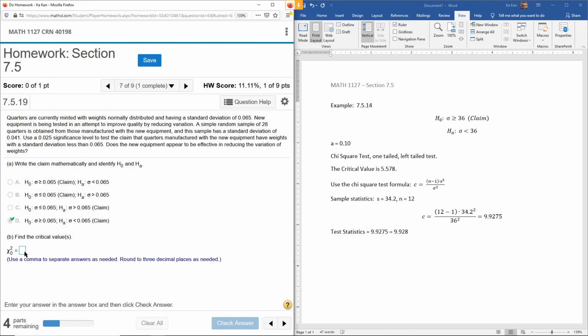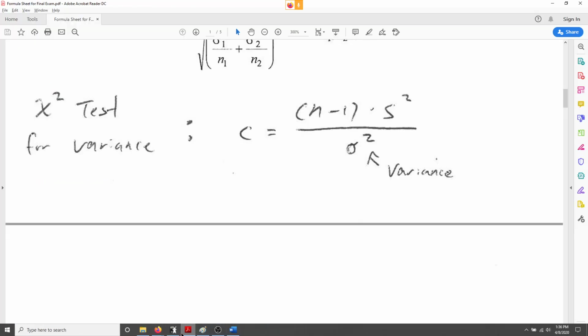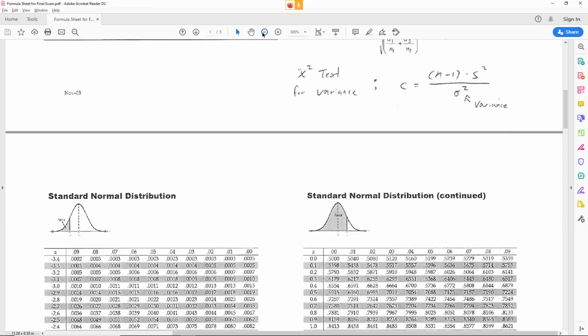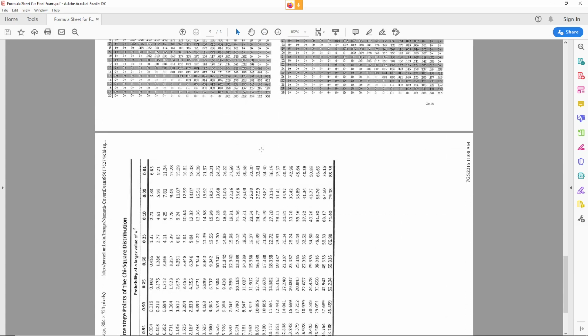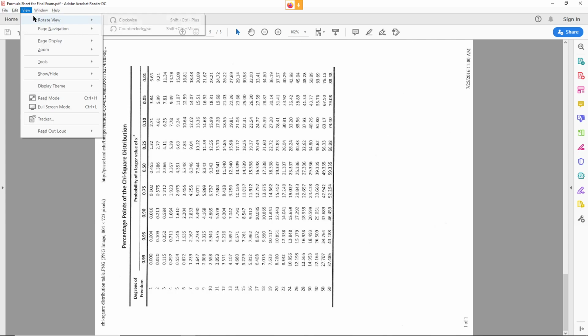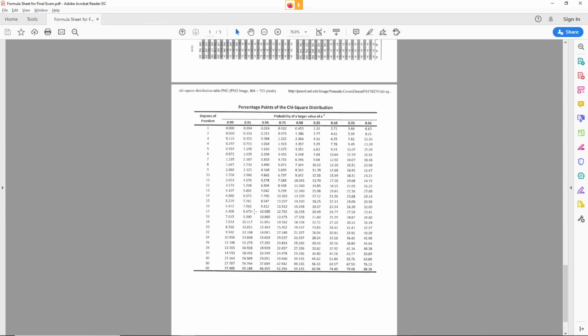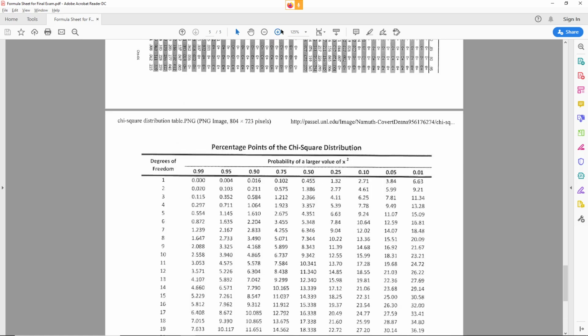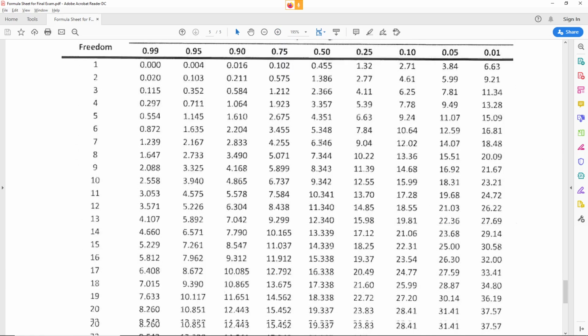So find the critical value, that's 0.225, right? Again, you look at the table. I actually have it right here. The chi-square table is all the way at the bottom. I'm going to rotate the view first. Like this. It's kind of hard to read, so let me make it bigger. This is again on your formula sheets.